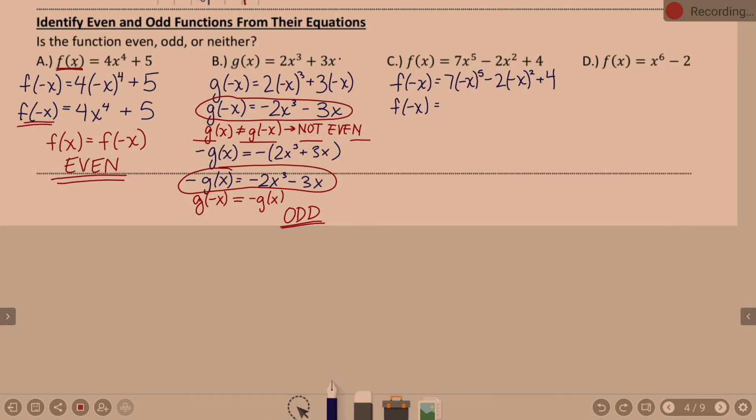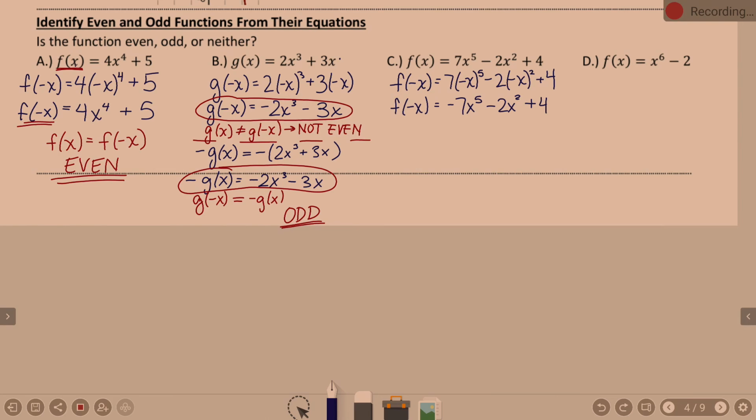Okay, well, what do you know about negative x raised to the 5th? A negative raised to an odd is going to be negative, so this is going to become negative 7x to the 5th. What do you know about a negative x raised to the 2nd? That's going to be positive. We already have a negative here, though, so it's going to stay minus 2x squared plus 4.